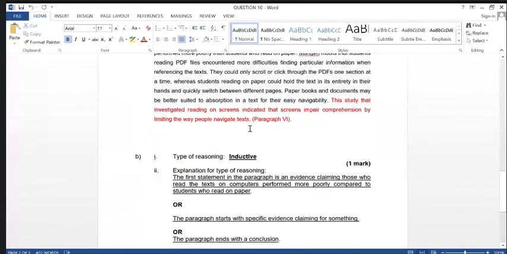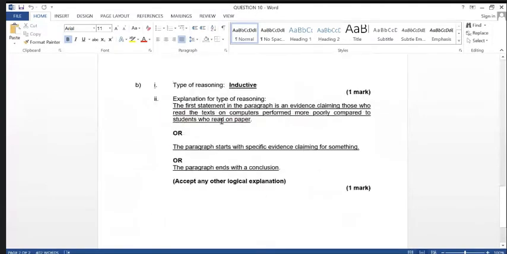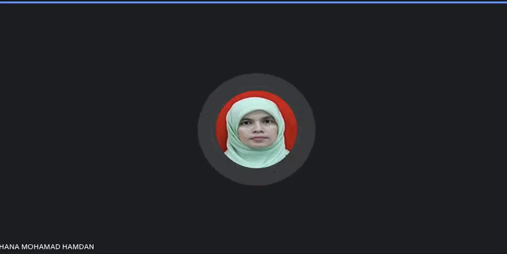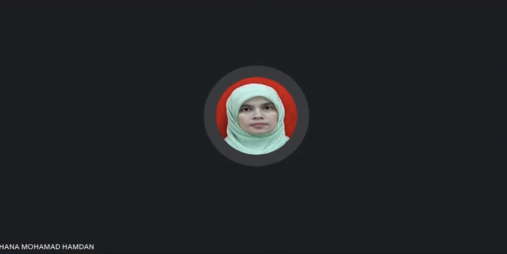Later you study why it is inductive. Again, like I said earlier, the first and the second answer would give you 1 mark. But the last answer would only give you half mark because it is so general, and this explanation can be given with any inductive answer. Okay, so that is what I would like to share with you about question number 10.